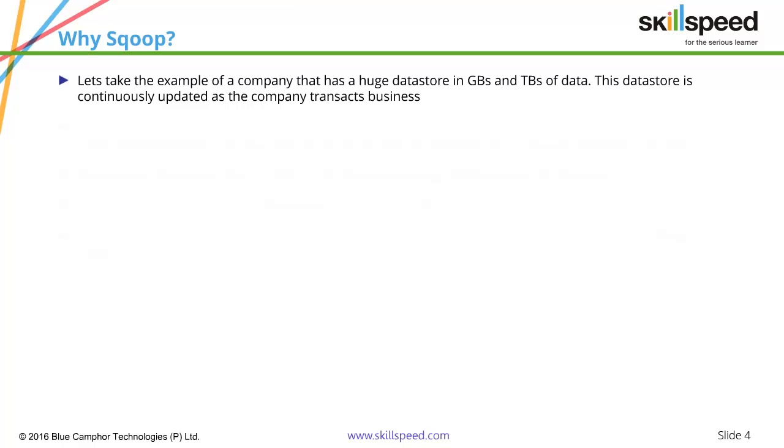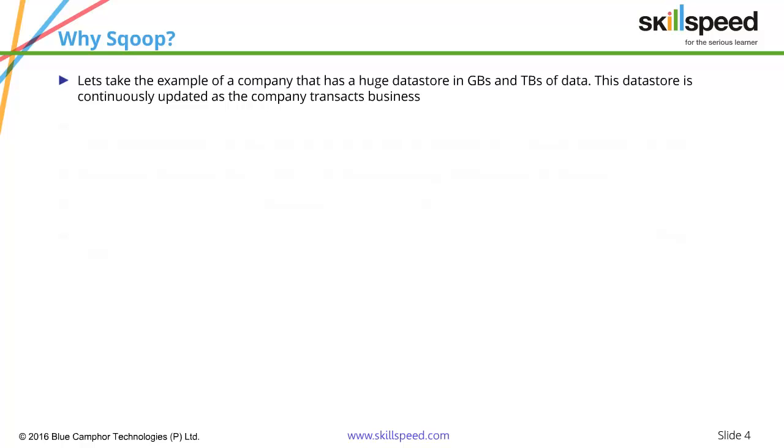Now we know that big data usually accounts for unstructured data. However, since we were working with structured data for so long, many organizations will already have a traditional RDBMS in place and tons of tables inside the same.